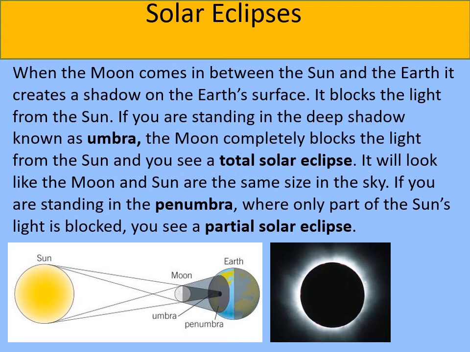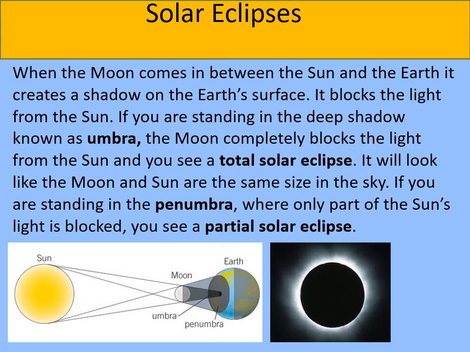The umbra covers a very, very small area of the Earth, as you can see on the diagram, whereas the penumbra covers a much, much larger area, sometimes the size of an entire continent and the size of an ocean.